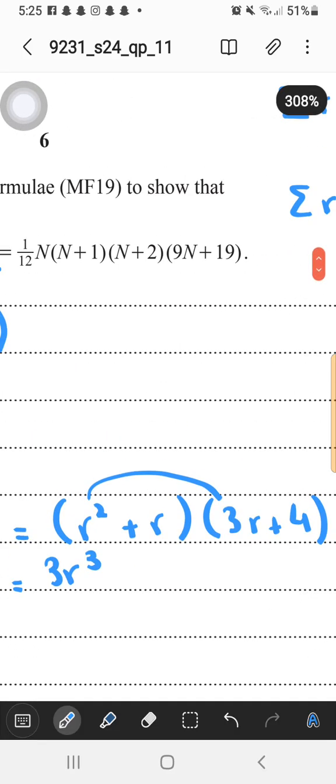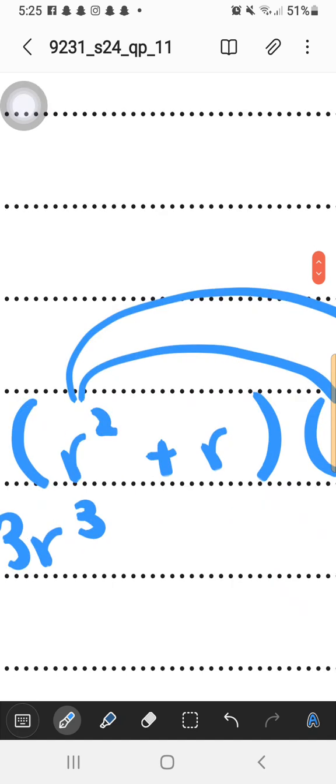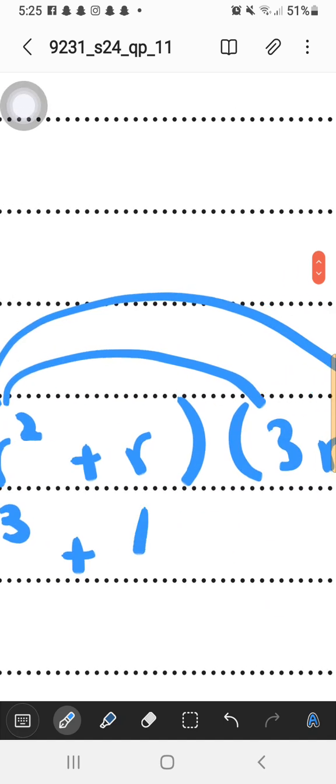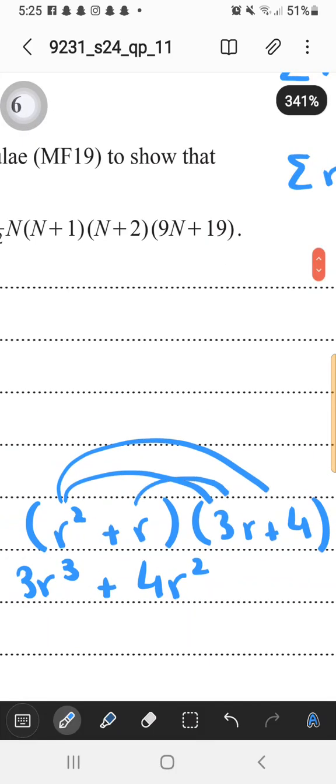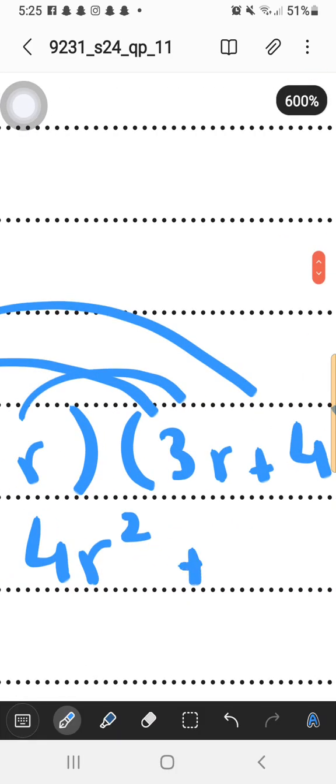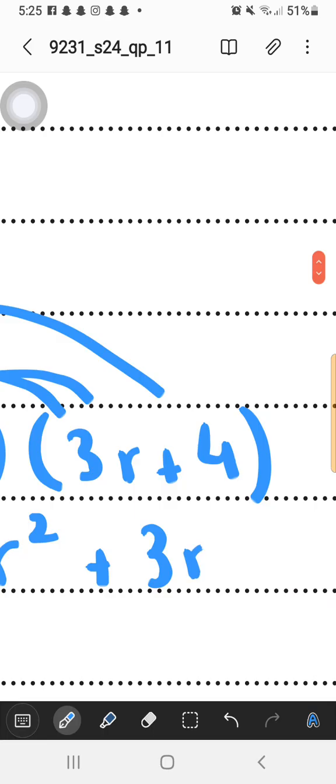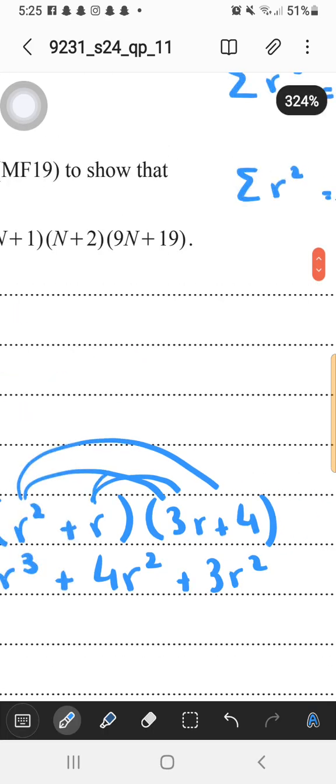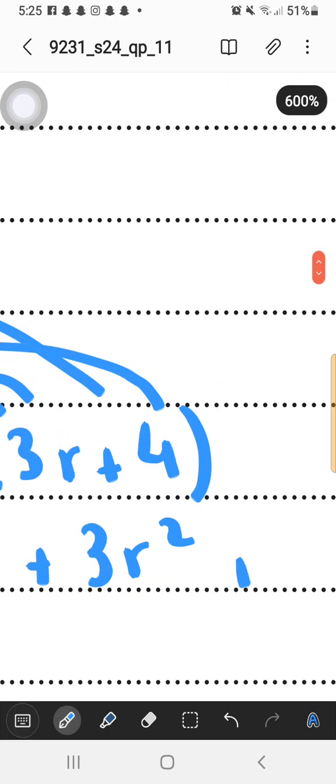Then r square multiplied by 4 becomes plus 4r square. Then r multiplied by 3r becomes 3r square. Then r multiplied by 4 becomes plus 4r.